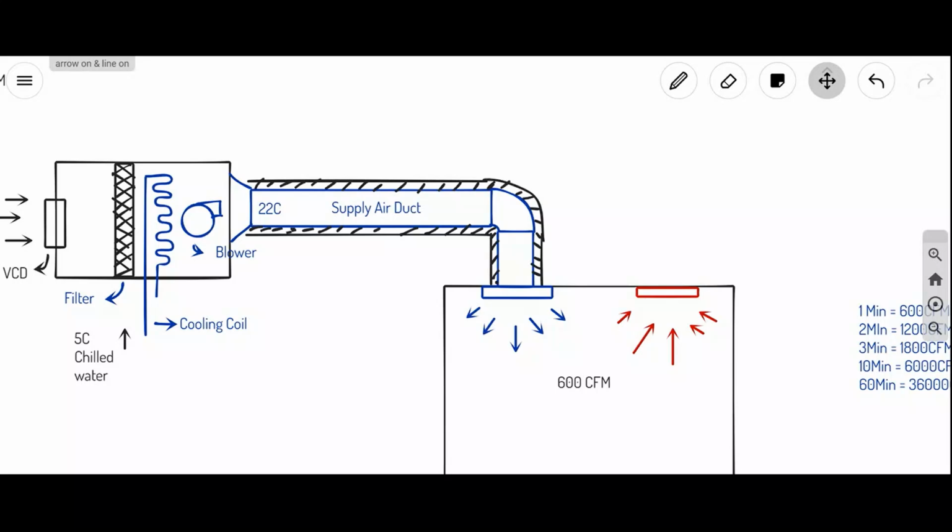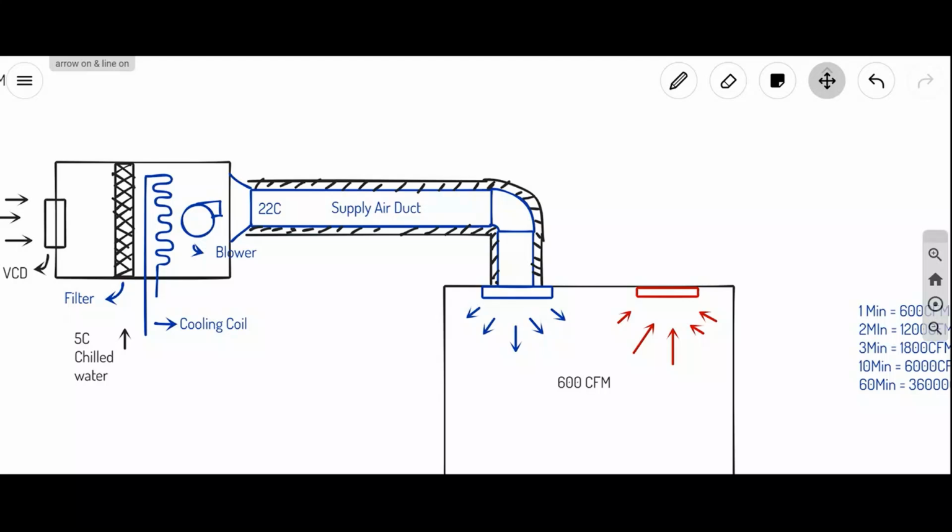Why? If I take that air, what happens? Sir, air will recycle and heat loss will be lesser. By using this technology, we can save power consumption.